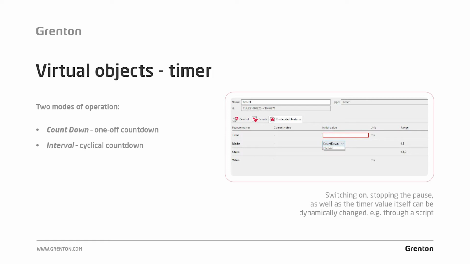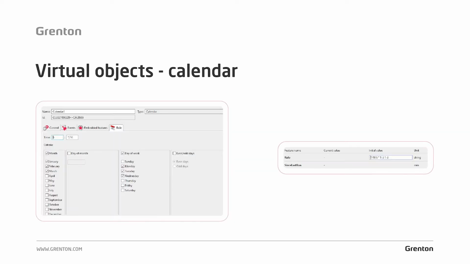Another virtual object that we have at our disposal is the calendar object. It is based on the Chronovsky rule. Here, on the slide you can see how the rule looks like.